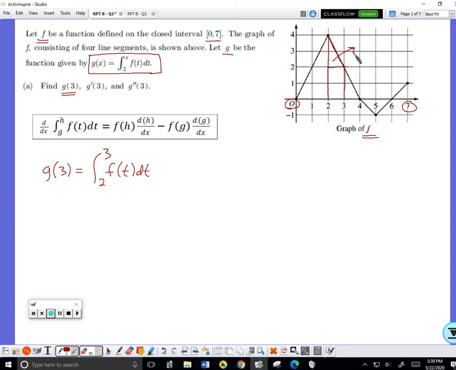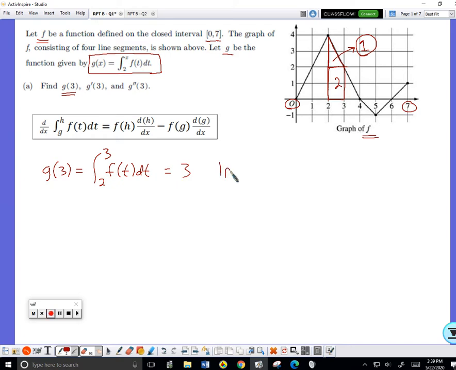This is 1 by 2. So that area is 1. This is 1 by 2. So that area is 2. Therefore, I write down 3. And they give me 1 point.